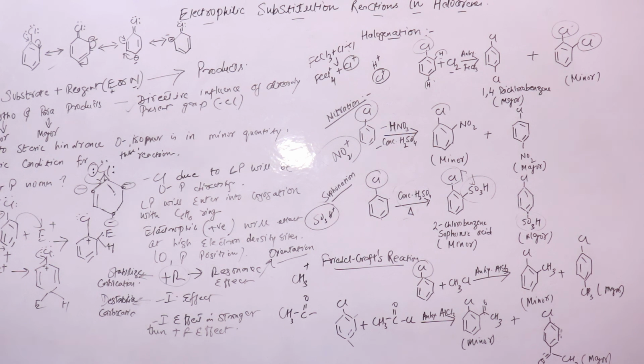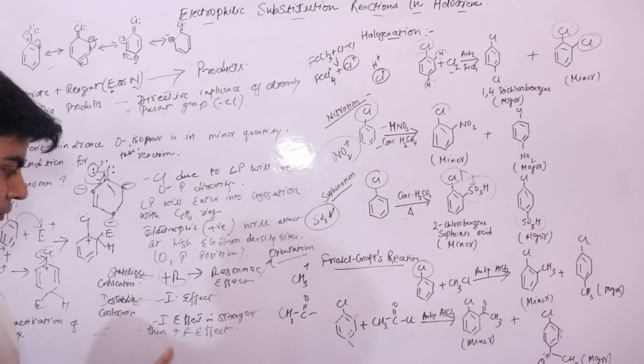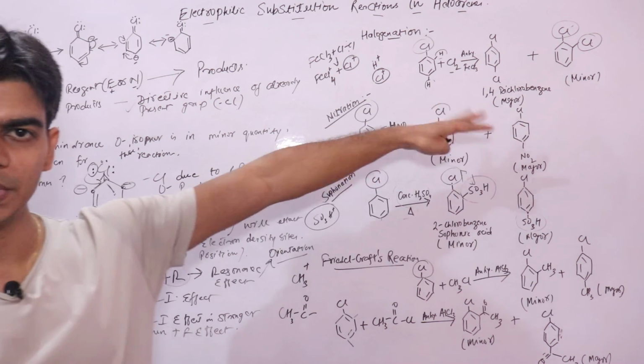Let me just write it over here, there is net deactivation of the benzene ring, right. Net deactivation means the negative charge will decrease. The minus I effect, which is stronger than plus R effect, will result in overall deactivation of the benzene ring.